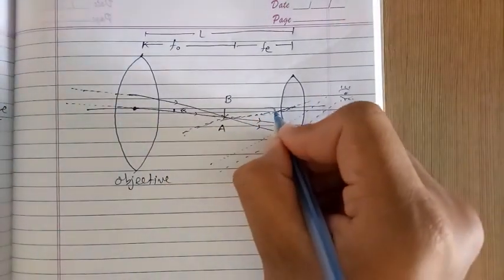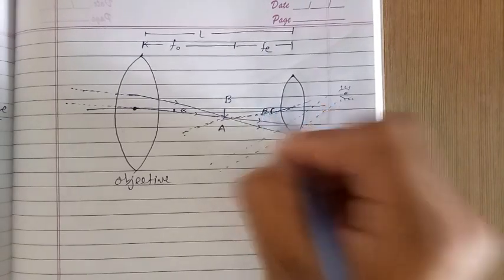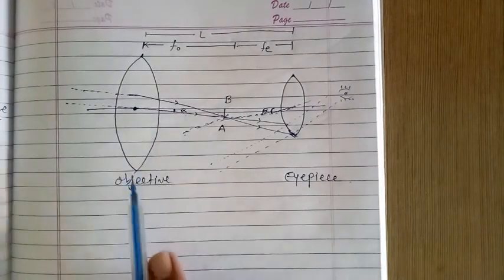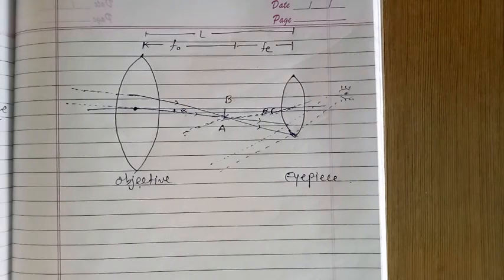Here we assume some angle beta. So we assume angle alpha near the objective and angle beta near the eyepiece, right?